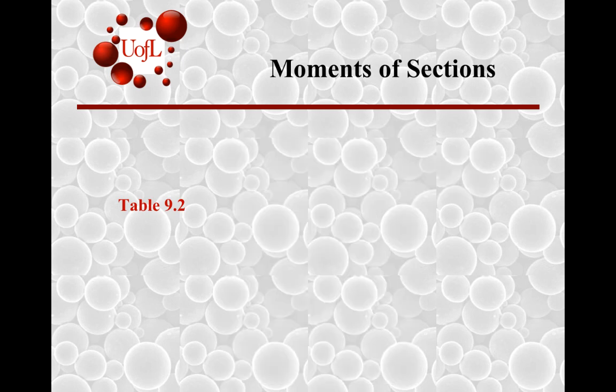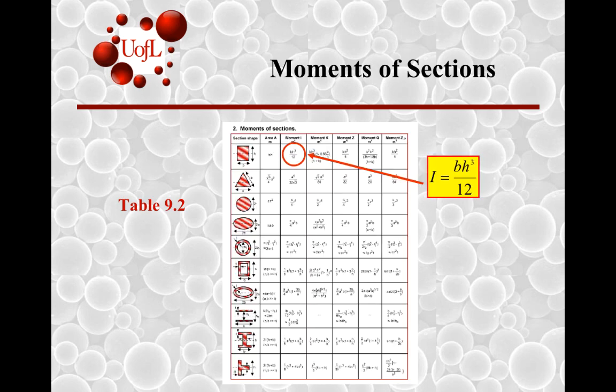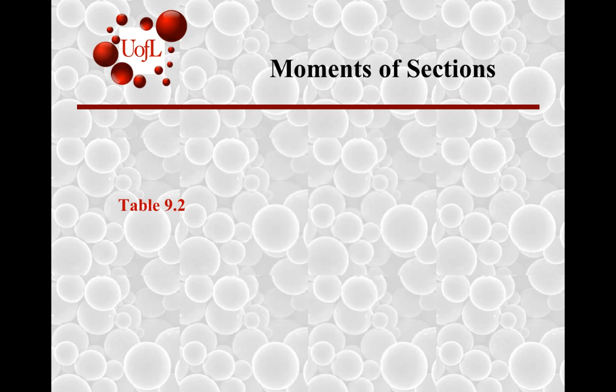Okay. So, for instance, we saw that the area moment is BH cubed by 12 for a rectangular cross section.